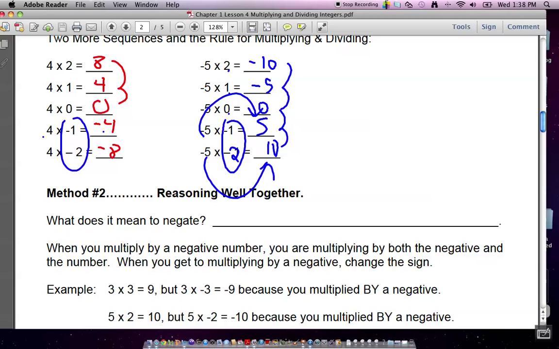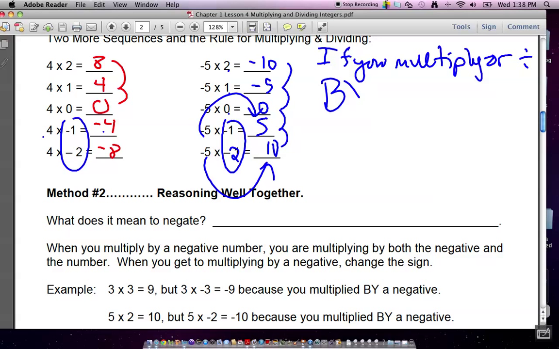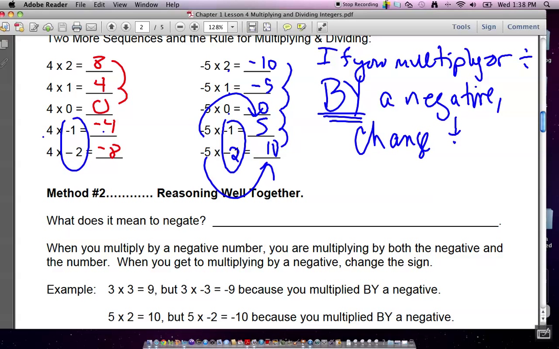So here's what you need to know about multiplying and dividing by integers. If you multiply or divide by, the by is the second number, a negative, change the sign.